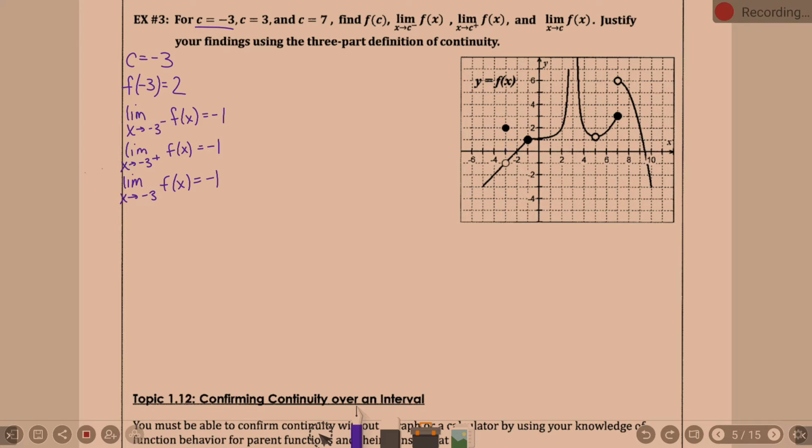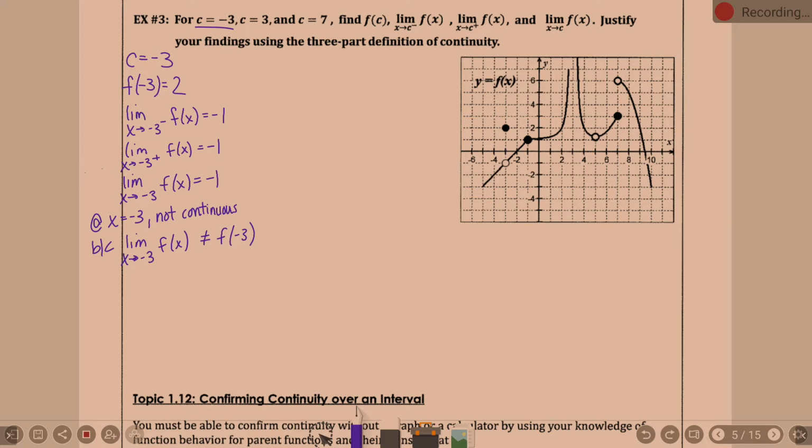I'm going to say, at x equals -3, not continuous, because the limit as x approaches -3 of f of x does not equal f of -3.